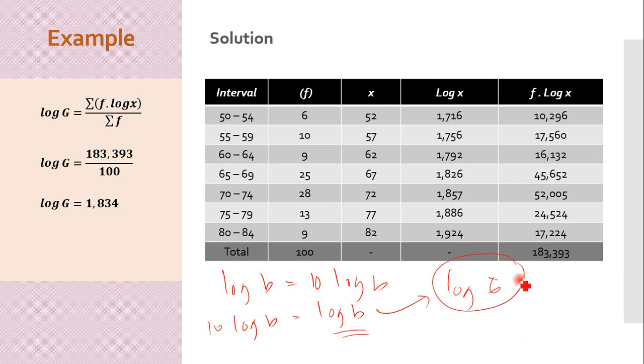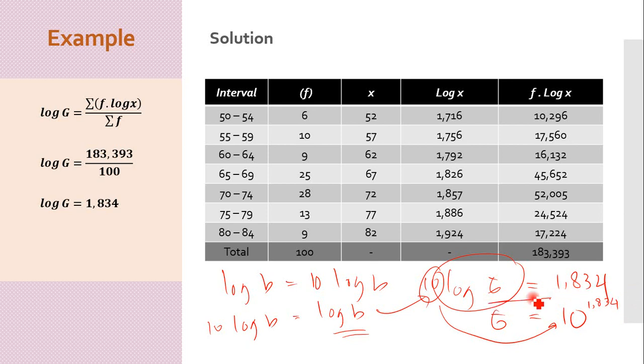If we have log g is 1.834, so g is 10 to the power of 1.834.